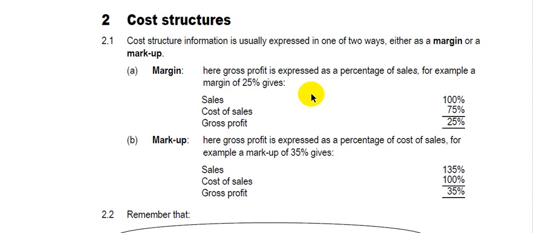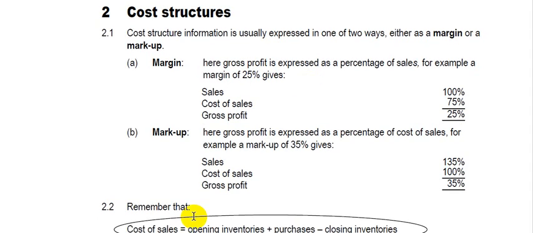Let's start with the margin. When a question gives you margin, it means your selling price is 100%.